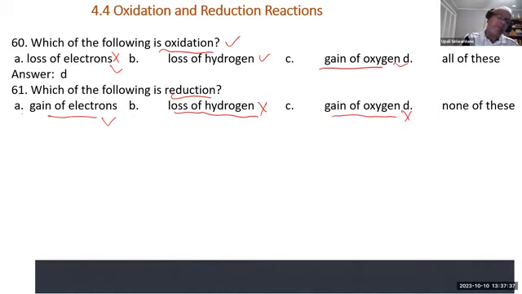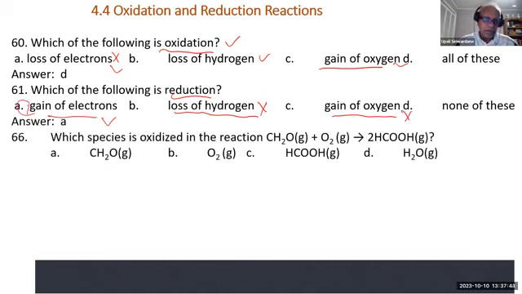The only correct answer for reduction in the list is A. If you look at this reaction, this is oxidized, this is reduced. Which species is oxidized? That one is the formaldehyde. Therefore, the answer is A.